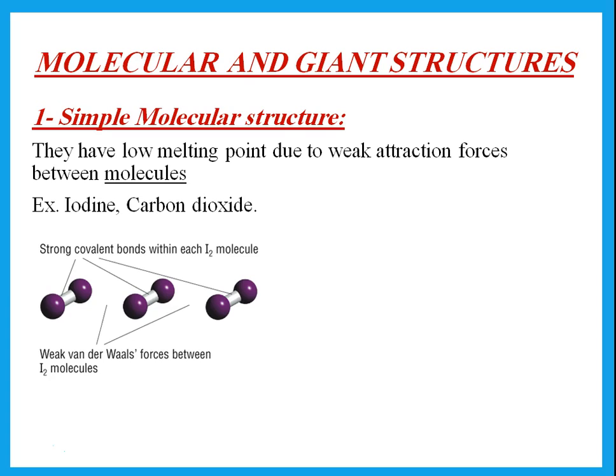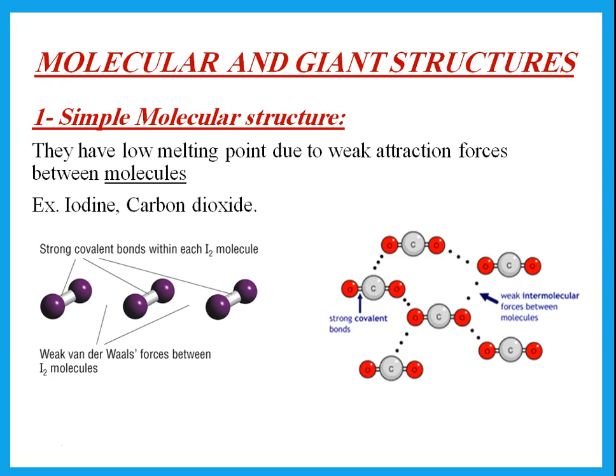It is because each of these molecules has weak attraction forces between them. We could call them van der Waals forces, or if you just say weak attraction forces, that's fine. Between the molecules, these need a small amount of energy to be broken, and that's why iodine has a very low melting point. Actually, it sublimes. Remember we said iodine sublimes.